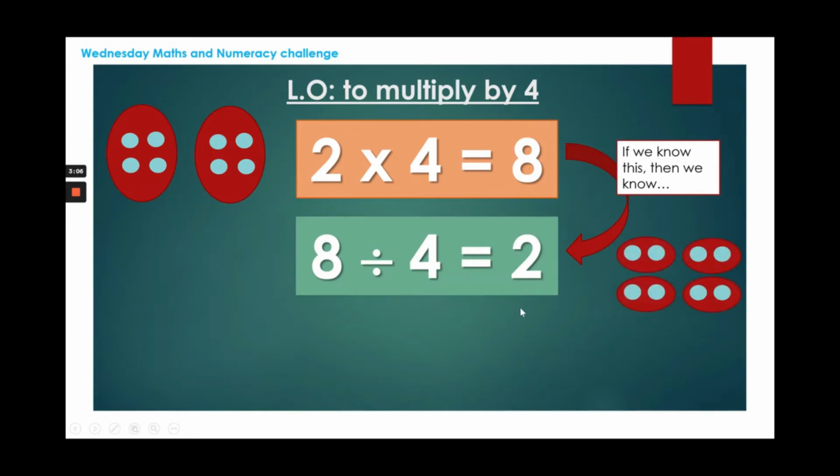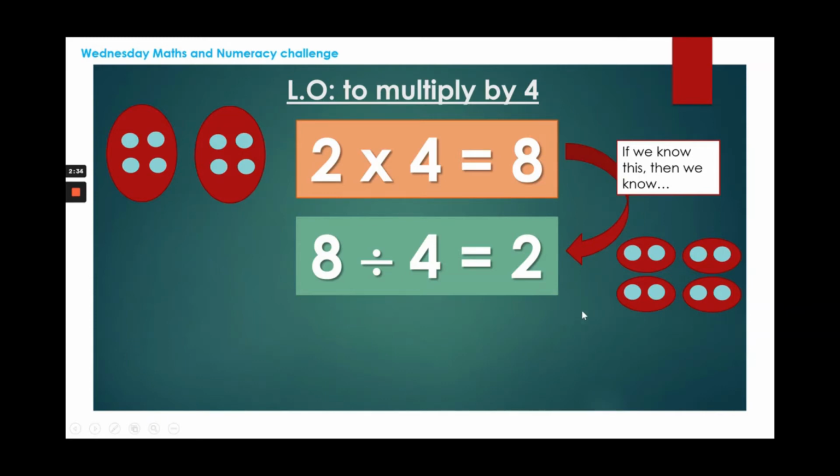It is telling us that there's 8 little eggs and they're put instead into 4 groups. So if you think of it as sharing those 8 eggs between 4 people. So 1, 2, 3, 4. How many eggs does everybody get each? Well done, they get 2 eggs each, as you can see. Now, have I got the same number of blue eggs as I've got here? Yes, I have. I've just shared them a little bit differently.